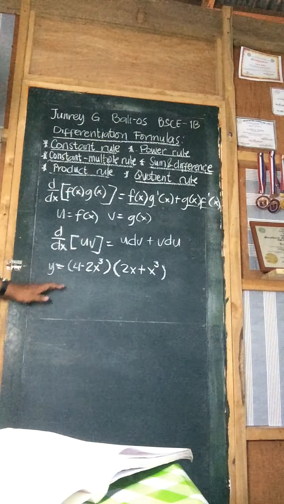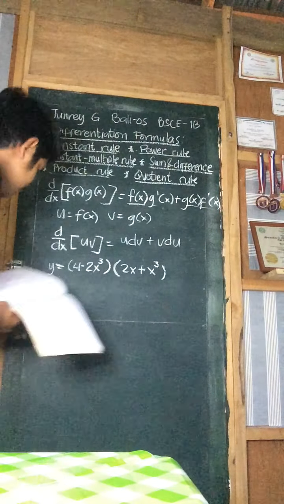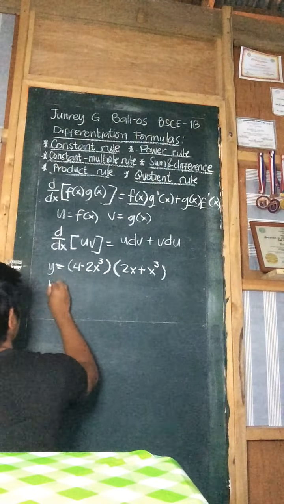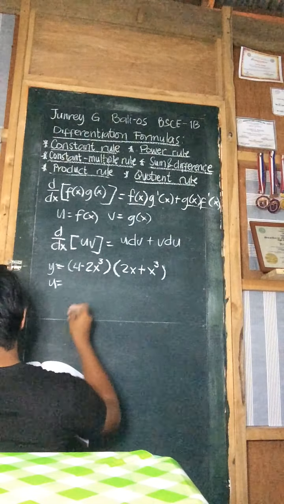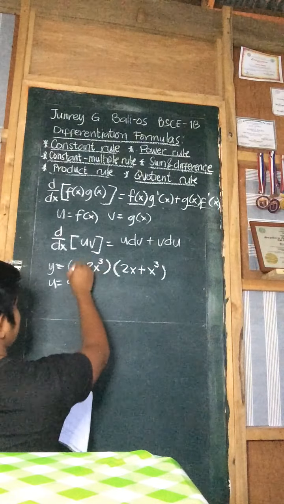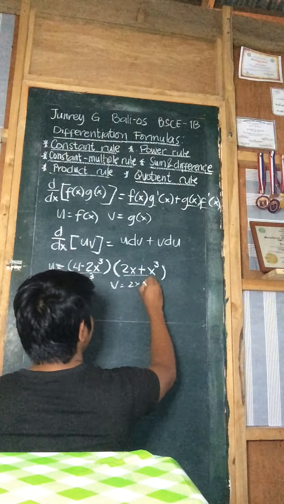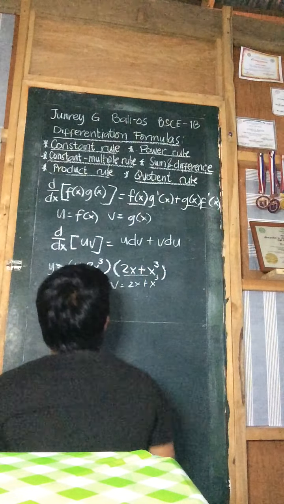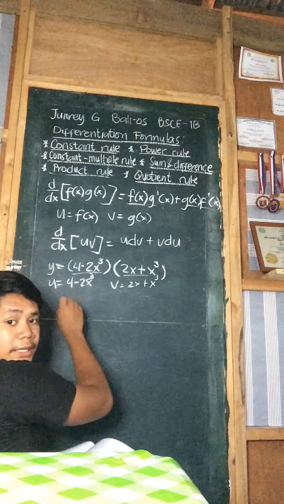We will solve this one now. So let u be equal to 4 minus 2x cubed. This is the u, and the v is this one, 2x plus x cubed. So it is simple. Kita pa ba?